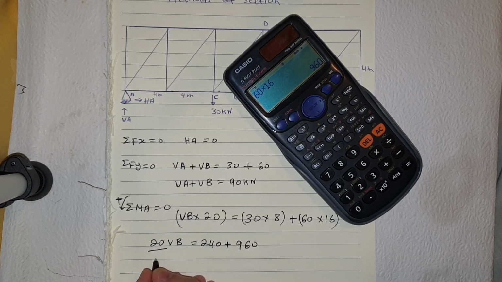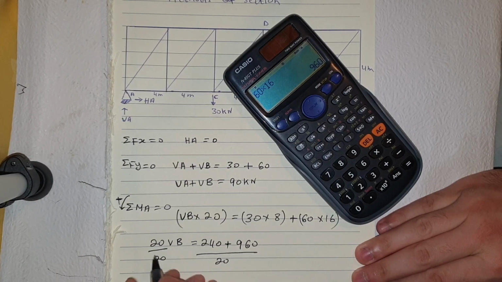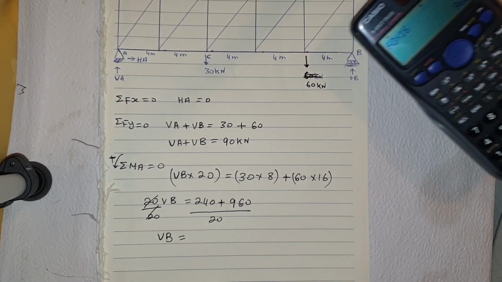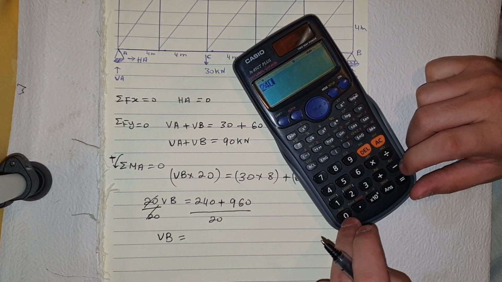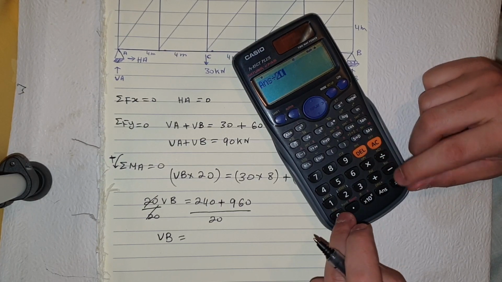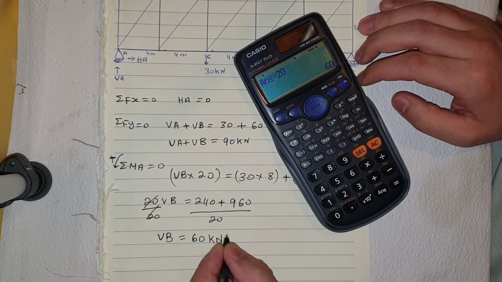So both sides divided by 20. So my VB will be equal to 240 plus 960 divided by 20, and that will be equal to 60 kilonewton.